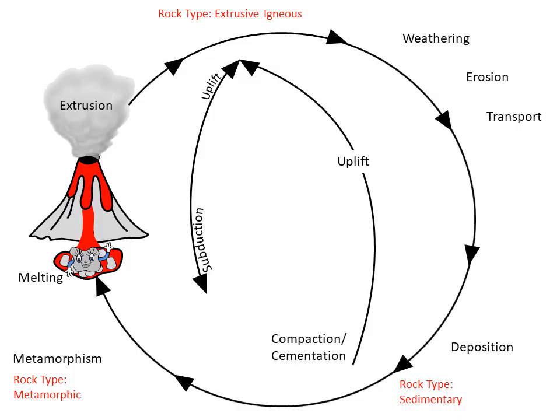When we think about the rock cycle, we are going to start thinking, well, 4.6 billion years ago. Why? Because that's when the Earth formed as a big ball of hot magma. Then the magma started to cool, making our first rock type. What rock type is this? That's right, igneous.